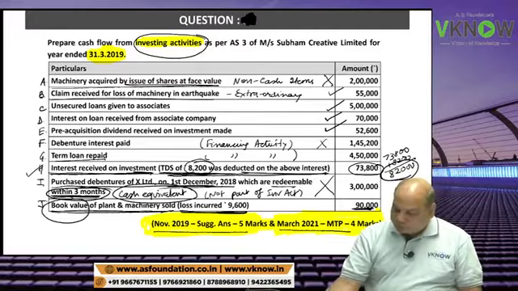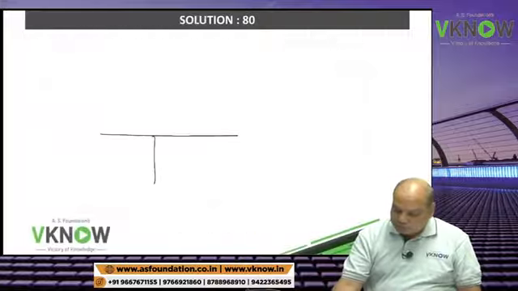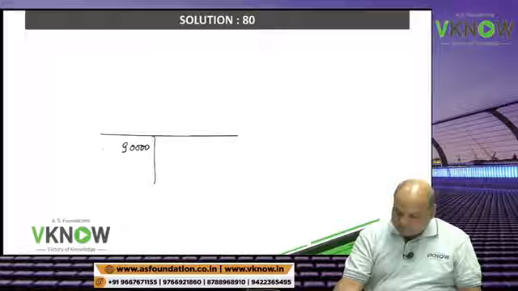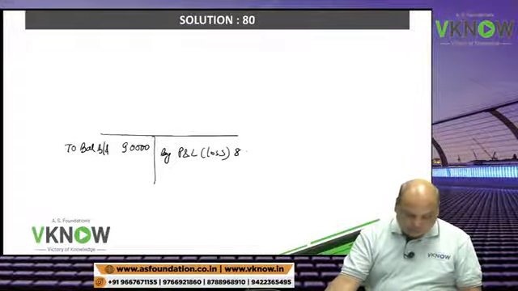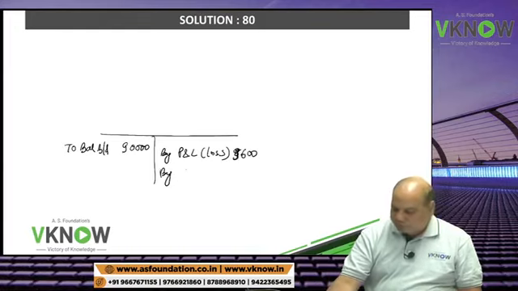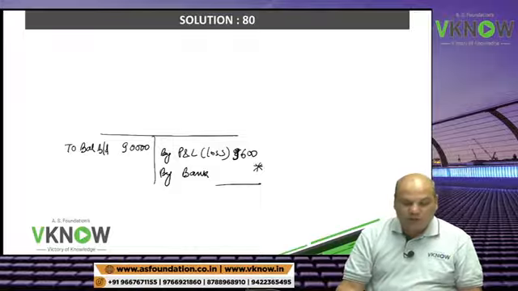Last one, book value 90,000, loss incurred 9,600. Suppose book value is 90,000, to balance brought down and by loss transferred to P&L account is 9,600. So my question is, what is the sale value of this plant and machinery?